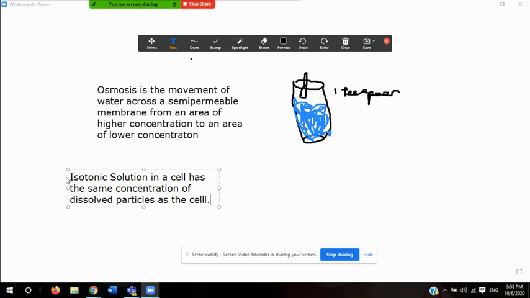What this means is that water molecules move into and out of the cells at an equal rate.